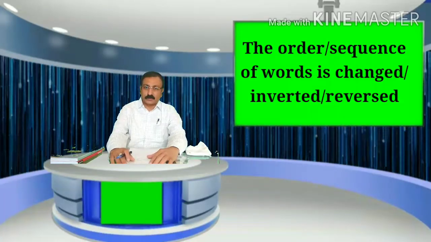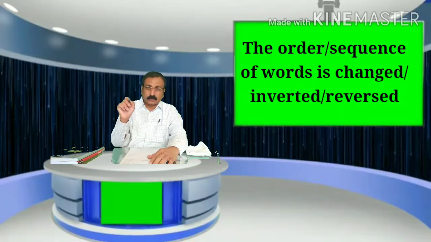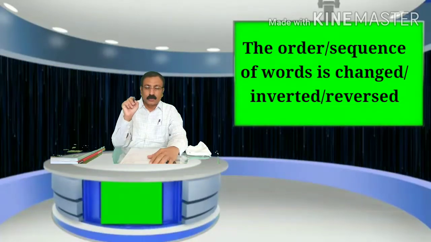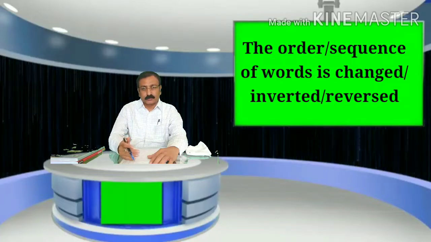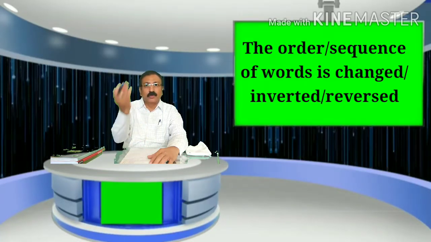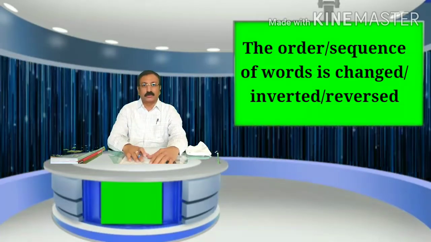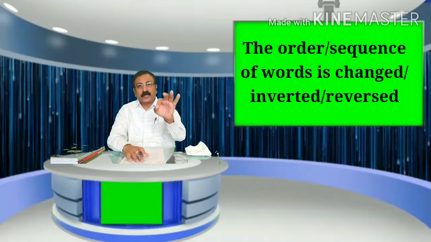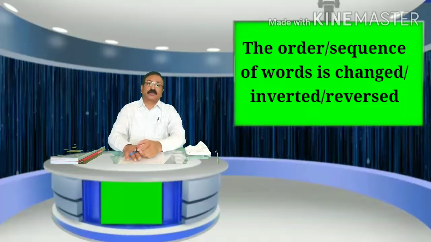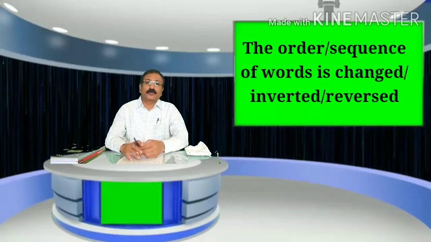As I told you, inversion means when the word order or the sequence of words is changed. The word order is inverted or reversed for a particular intention. That line or that sentence is considered to be an example of the figure of speech inversion.